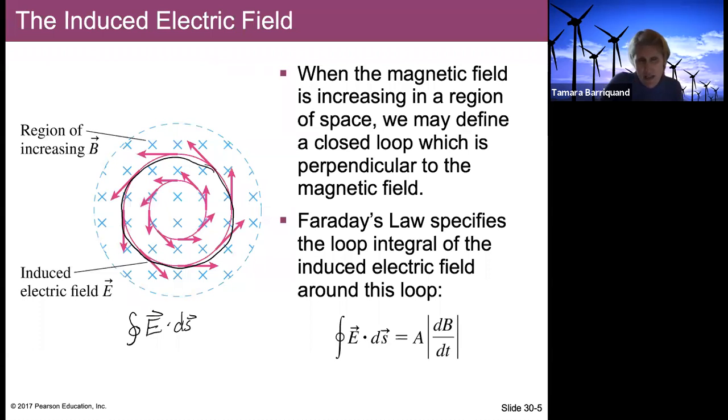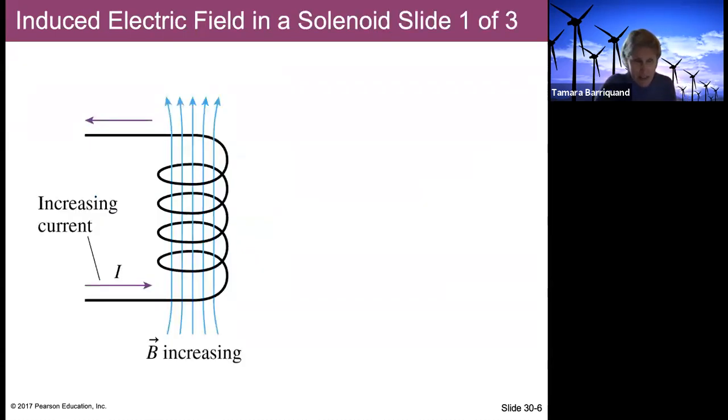Let's look at a specific example of a solenoid. Here we have a solenoid, and the solenoid, if we remember, is a wire with loops, basically a coil. We have a current going in, and in this case, we have an increasing current. If the current is going in this direction, we take our fingers, curl them around in the direction of the current, and that gives us a magnetic field going in the upward direction.